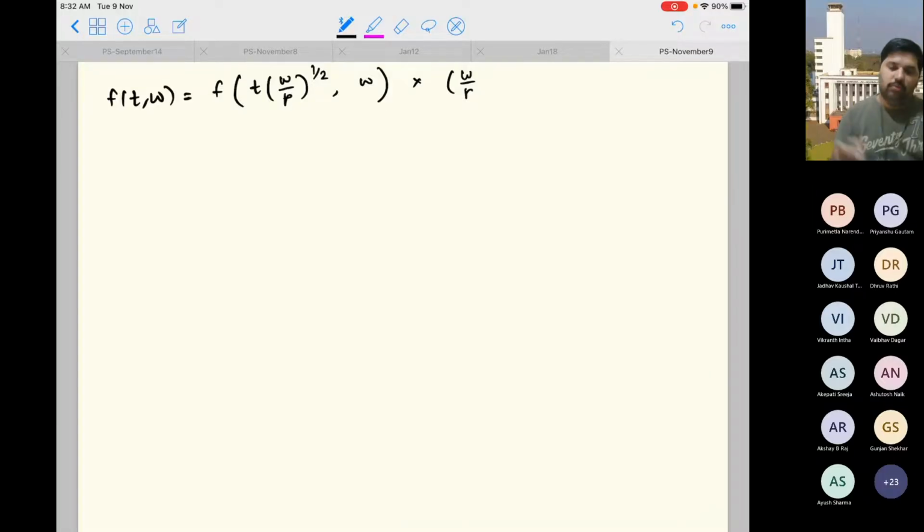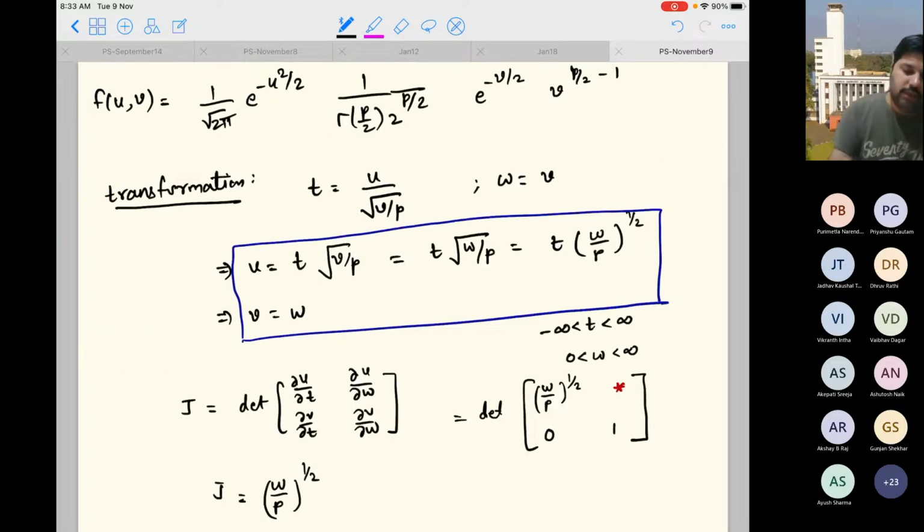So I substitute, and after substitution I get a joint density in t and w. So 1 upon root 2 pi e to the power minus u square by 2.